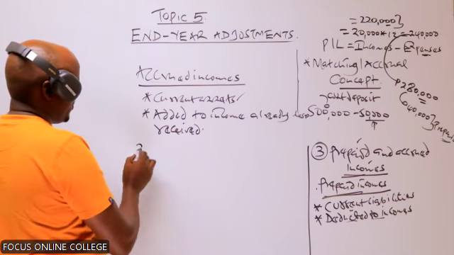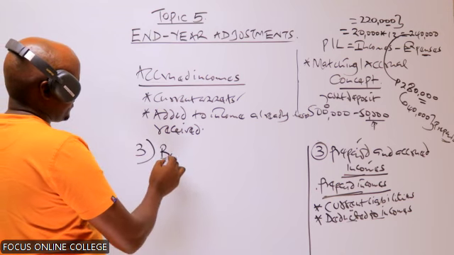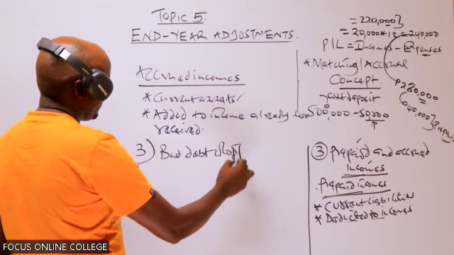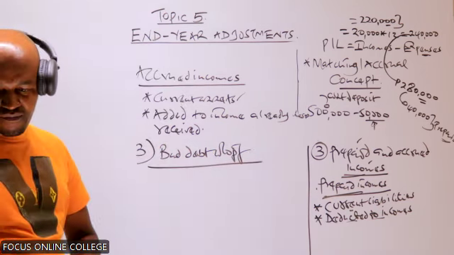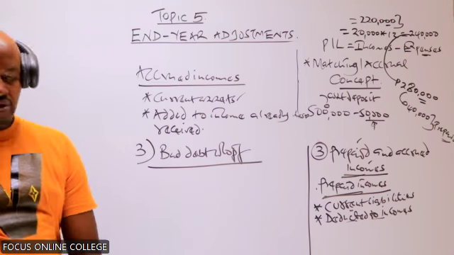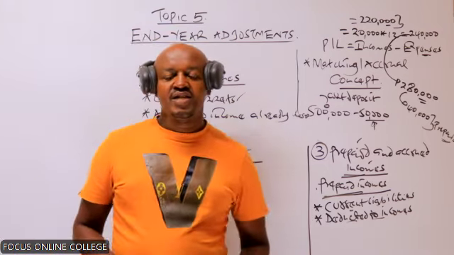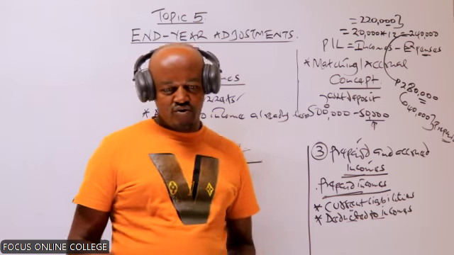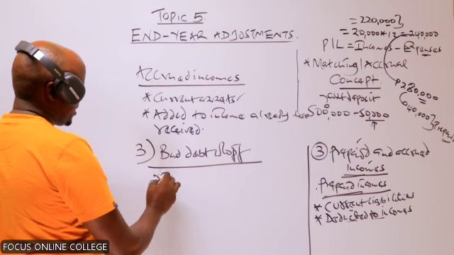I want us to move to the other area of adjustments, and that is something called the bad debt written off. Now, what do you mean by bad debt written off? Bad debt written off, basically, these are those particular debts which are irrecoverable.